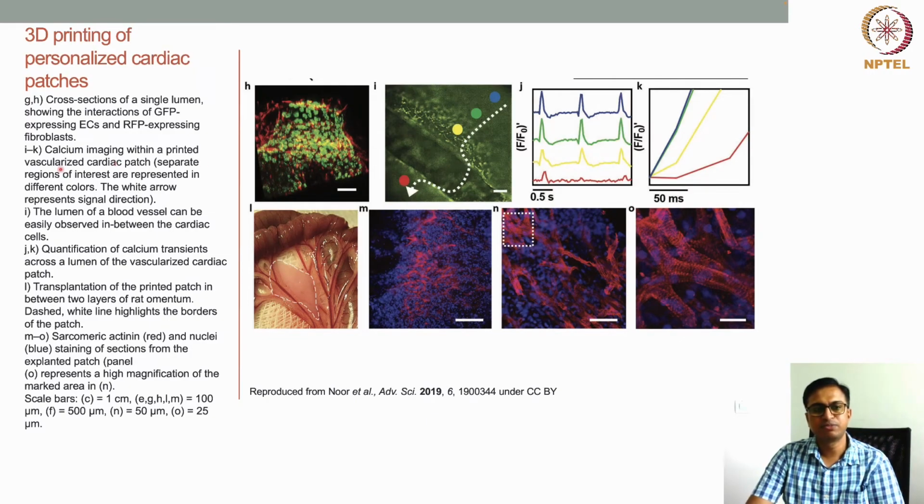Here is the calcium imaging with the printed vascular patch. The separate regions of interest are represented in different colors. From the calcium imaging, you can clearly quantify the calcium activity within the cardiac patch.